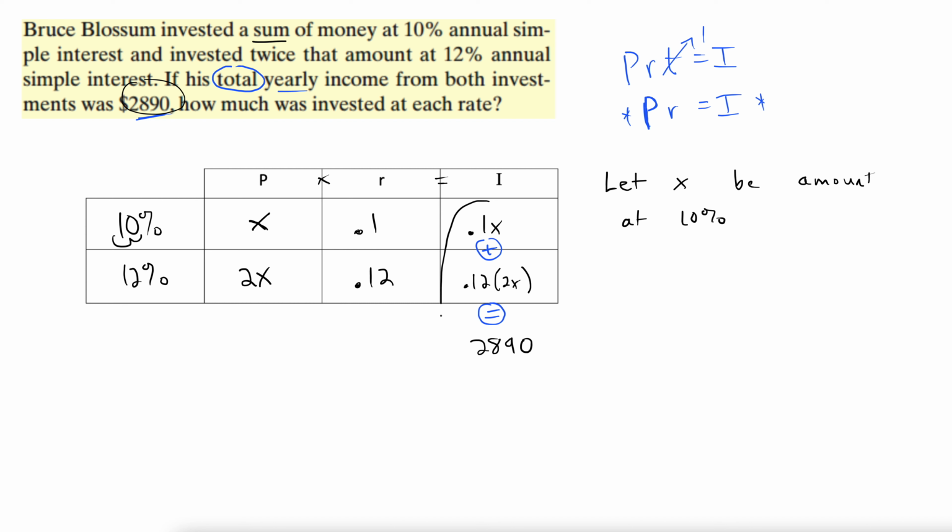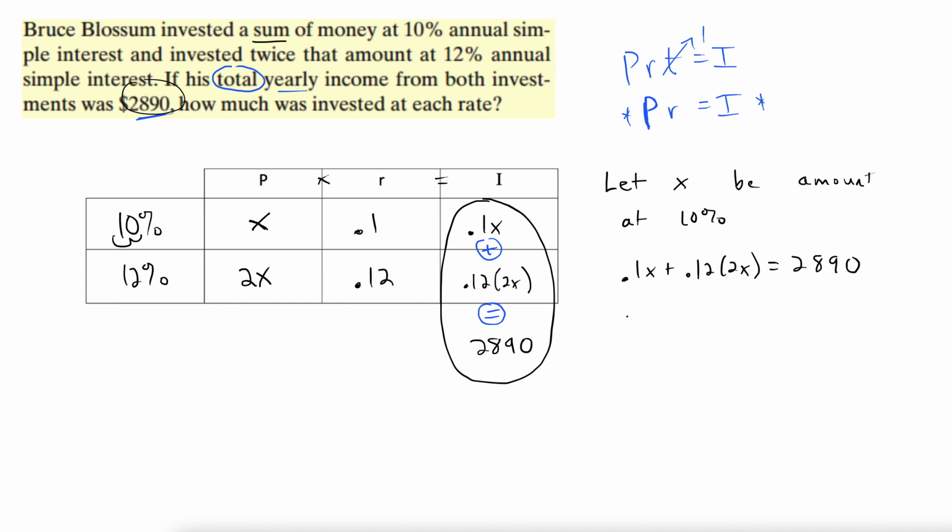All right, so here is the equation we were after. And we can forget about the table after this, because we just needed this one equation. So we have 0.1x plus 0.12 times 2x equals 2,890. Forget about the table from here. We don't need it anymore. We got the equation we were after.